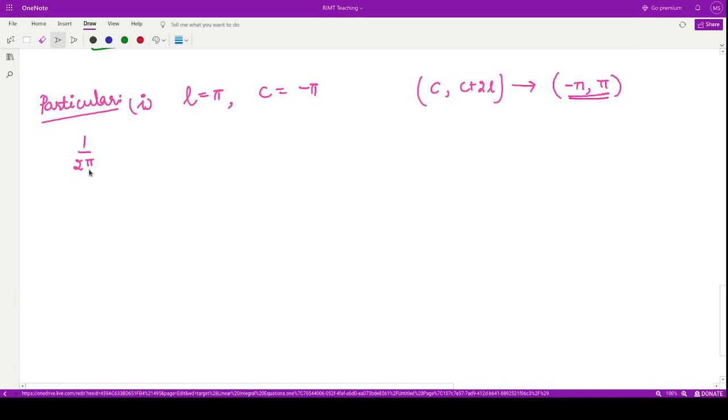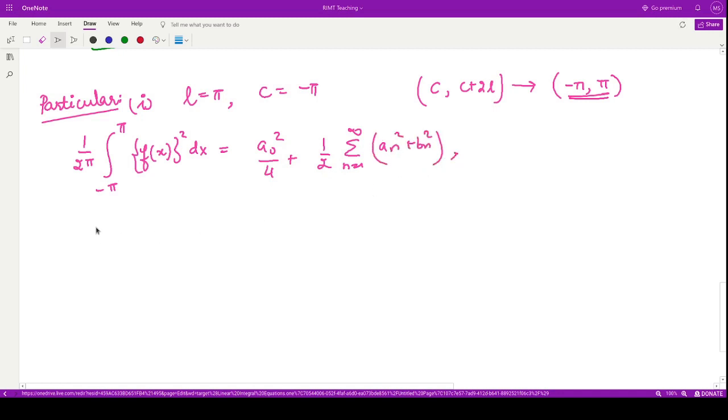Instead of L, we are now writing pi and performing the integration in the given interval, that is from minus pi to pi, of the function f of x whole square dx, that is equal to a naught square by 4 plus 1 by 2 summation n varies from 1 to infinity an square plus bn square, where you should note that now your coefficient a naught is equal to 1 by L, that is 1 by pi.